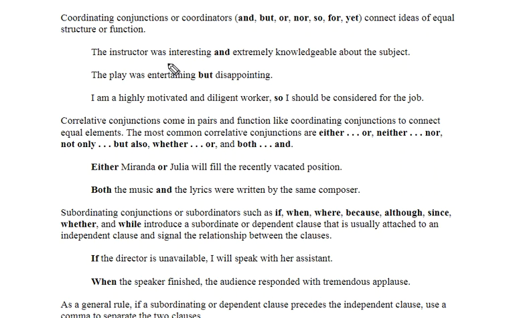Here we're combining two adjectives. The play was entertaining but disappointing. Another two adjectives. I am a highly motivated and intelligent worker, so I should be considered for the job. That's why I should be considered for the job. Cause, effect.